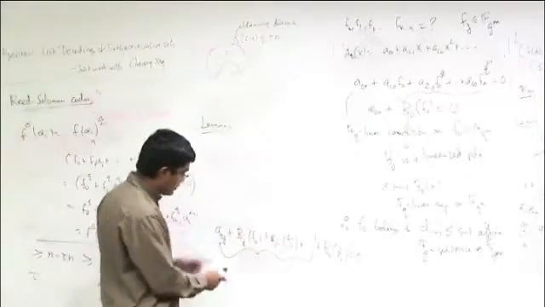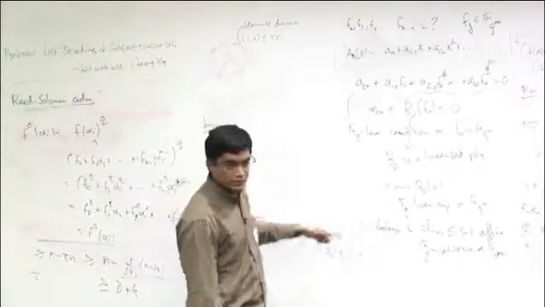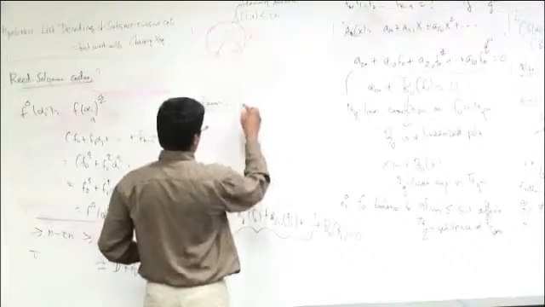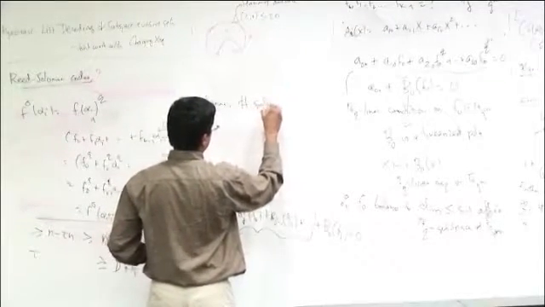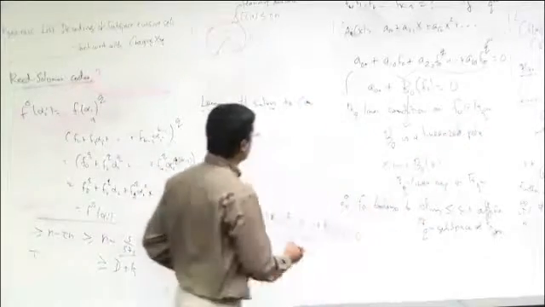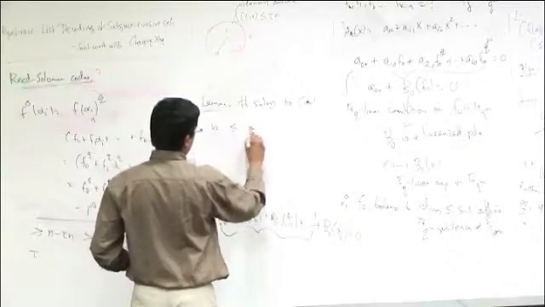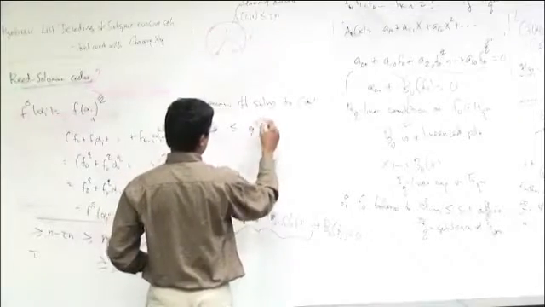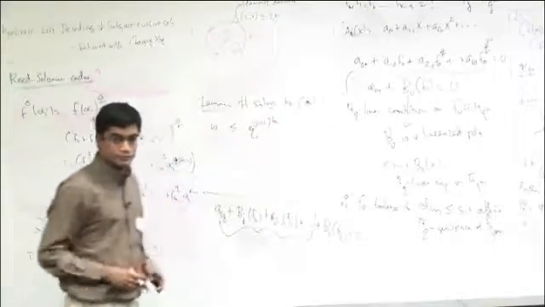Just calculating, the number of solutions to star, being that functional equation, is at most q to the s minus 1 times k, the exponent.